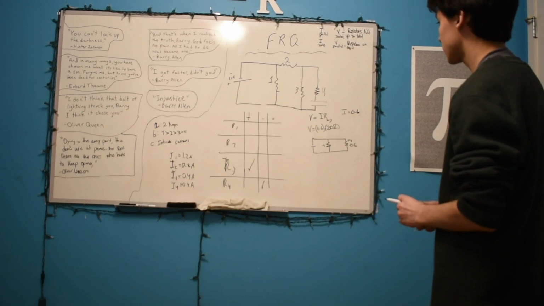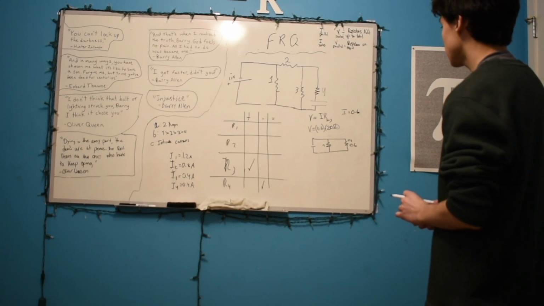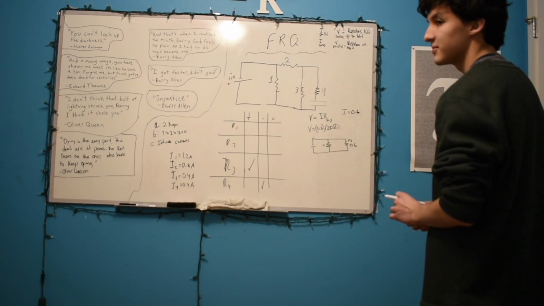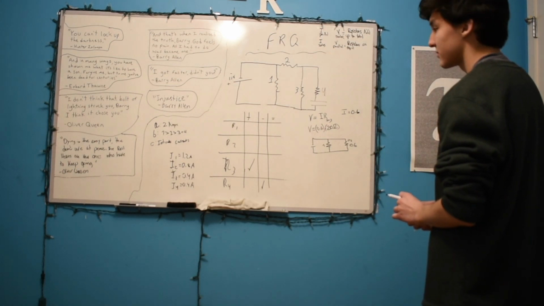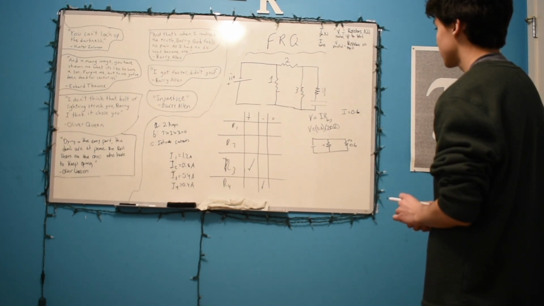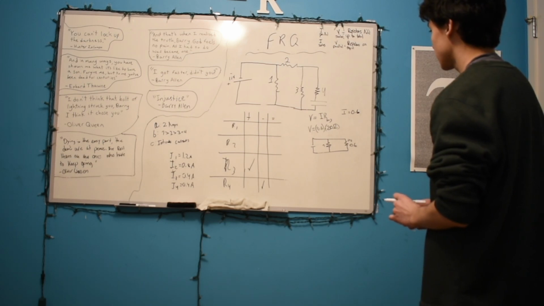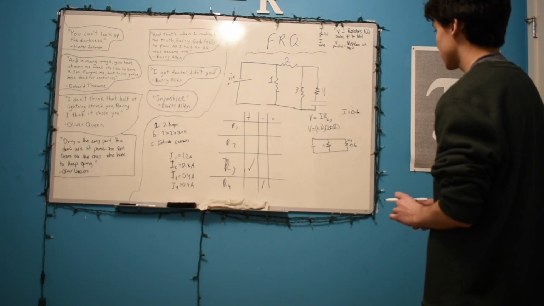You found them combined. Now find them individually. You could also just solve for resistor 1 right now. You can just find the total current. That's true.